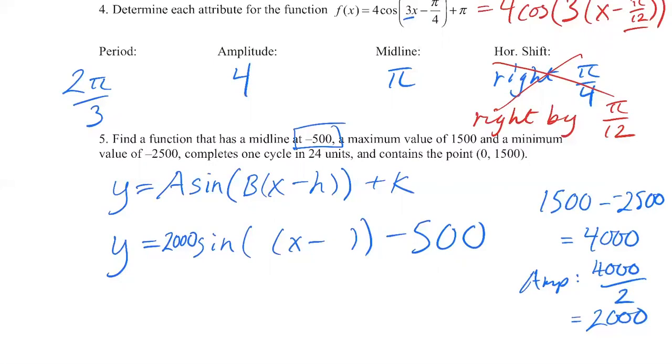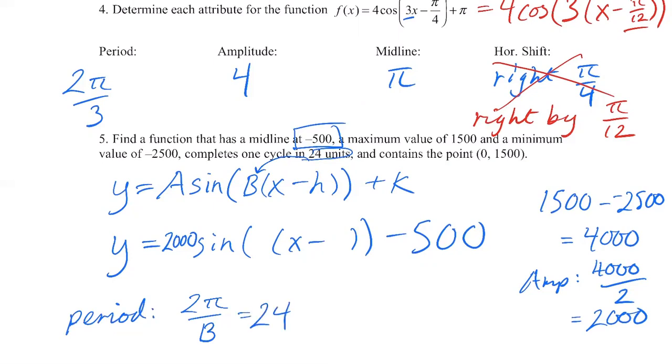Let's look at the rest of this. Completes one cycle in 24 units and contains the point 0, 1500. Okay, one cycle in 24 units. This speaks to our B value. It doesn't say that B would be 24. It says that 2 pi divided by B would be equal to 24.